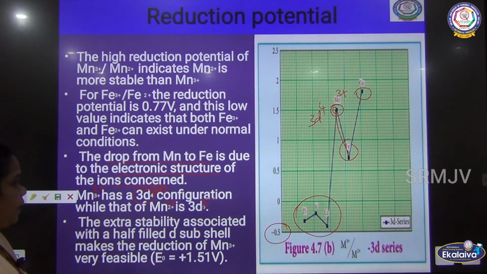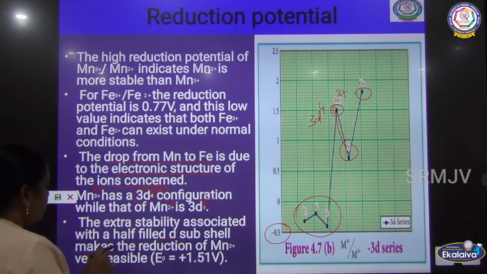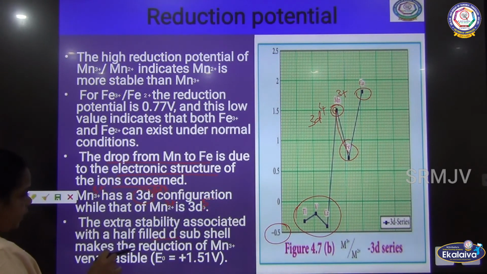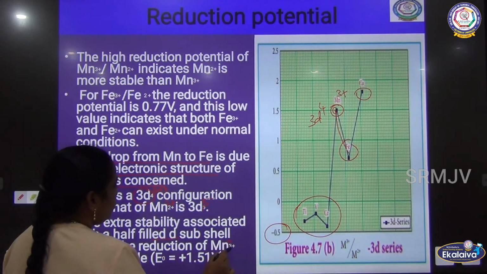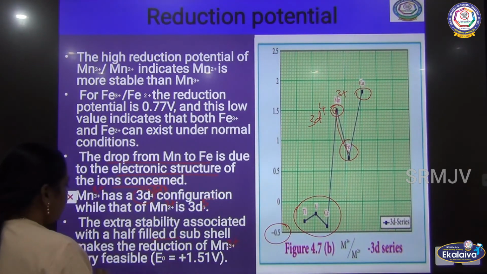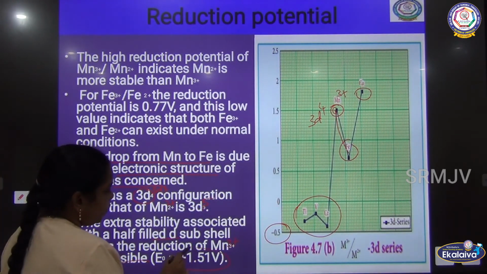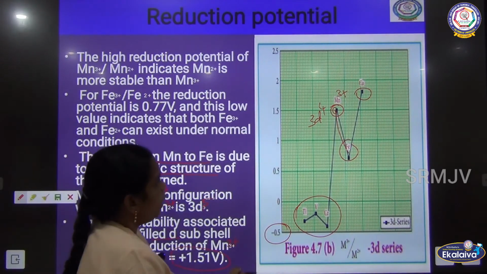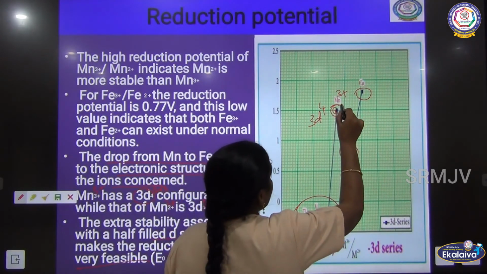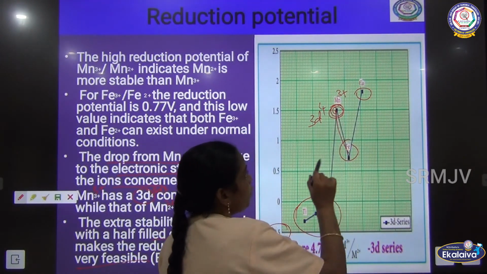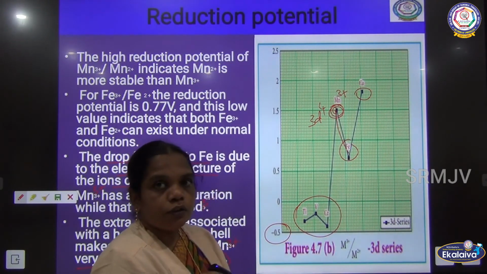So due to this extra stability of the half-filled d orbital, the reduction of manganese 3+ is very feasible, and it possesses what is that? Plus 1.51. Now you see this positive value. It becomes a positive value by showing this.